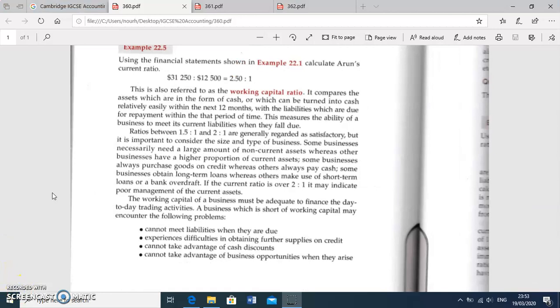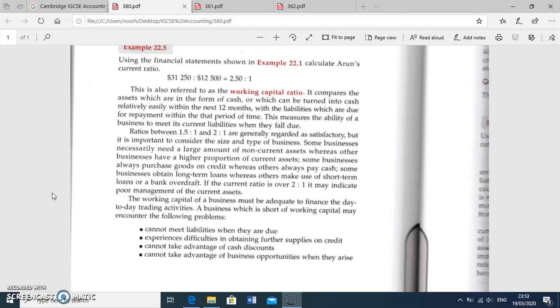So this ratio measures the business's ability to use its current assets. The current assets are the cash, the inventories, and the trade receivables. To use these current assets to pay its current liabilities, or the bank overdrafts, or the trade payables.